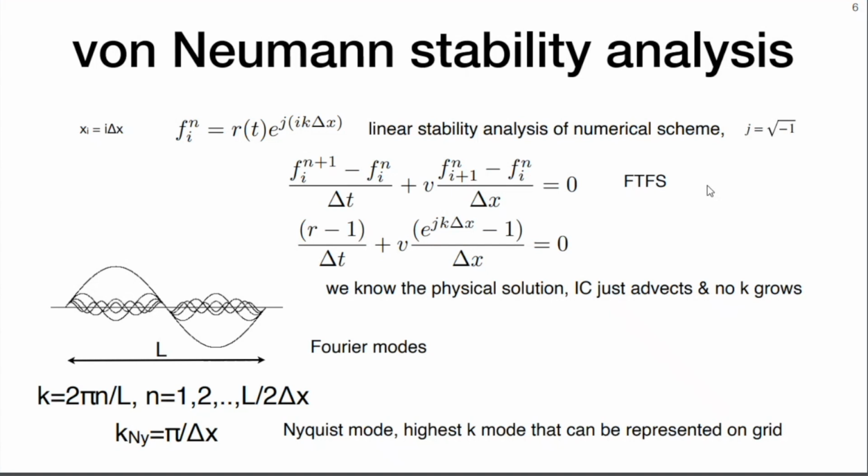The time dependence is only this. So at every time step, your previous value gets multiplied by R. Okay, so f i n plus 1 is R times f i n, and f i n itself is this. If you substitute that and cancel e to the i k x, you get this equation.